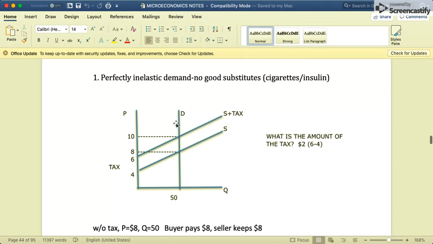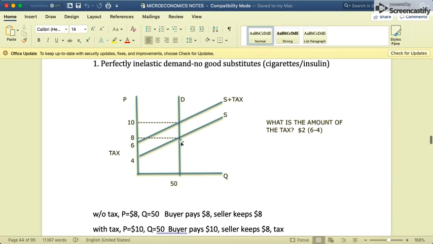Perfectly inelastic demand, so remember it looks like the letter I, very inelastic, no good substitutes, so cigarettes or insulin. In this case, here's the original supply curve. So at a price of 8, quantity demanded is 50.